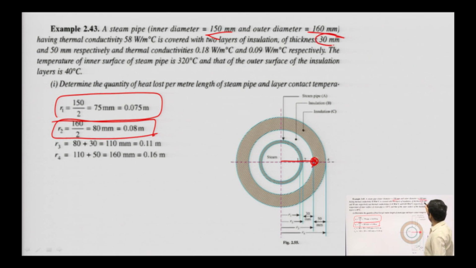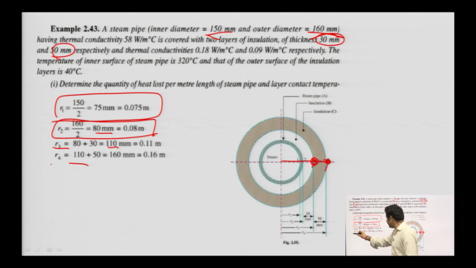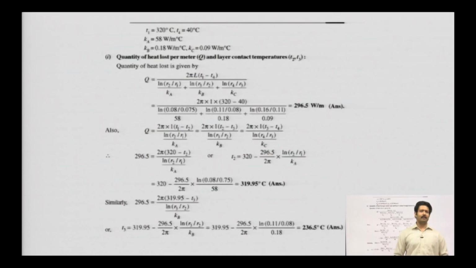Because the 30 mm of first insulation is added after R2. Now R4 comes after R3, and the thickness of that insulation is added, which is 50 mm, so it is 110 plus 50. So R1, R2, R3, R4, you have deduced all the radii from this numerical.